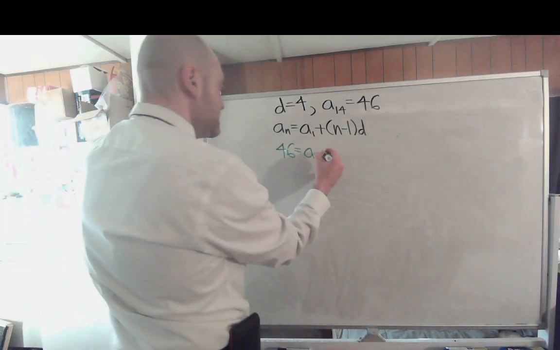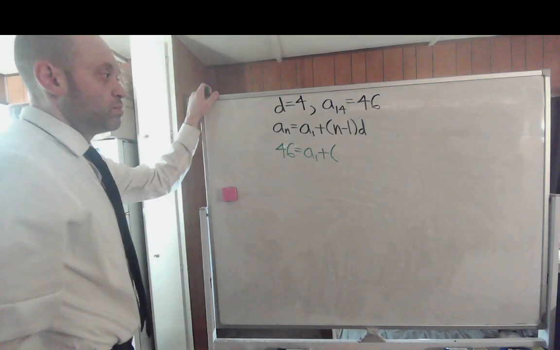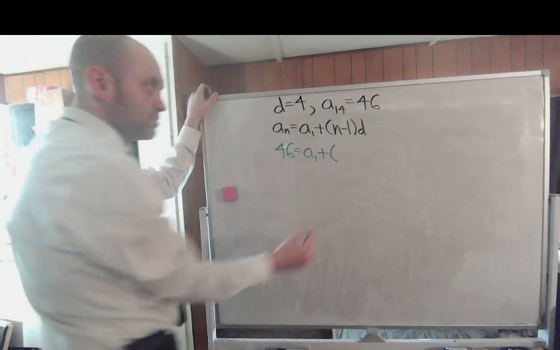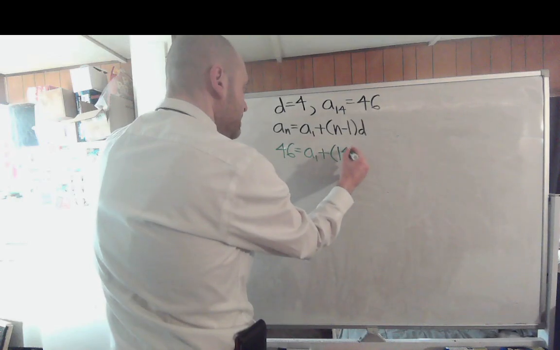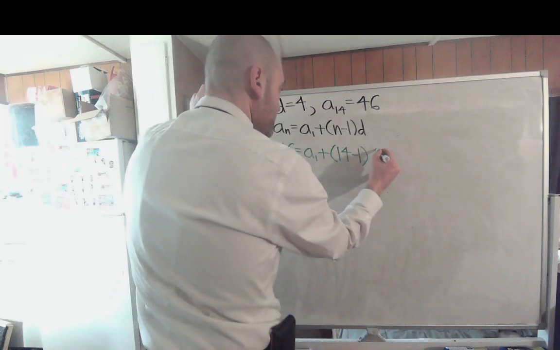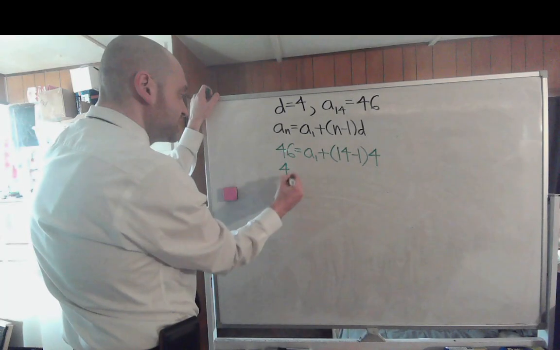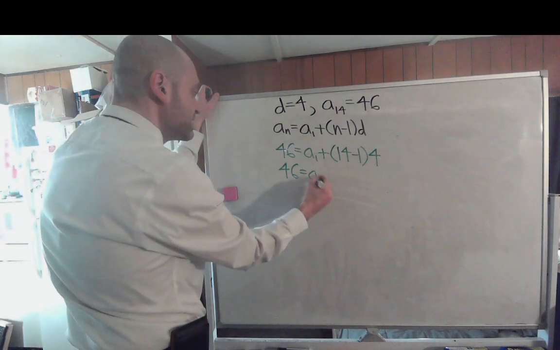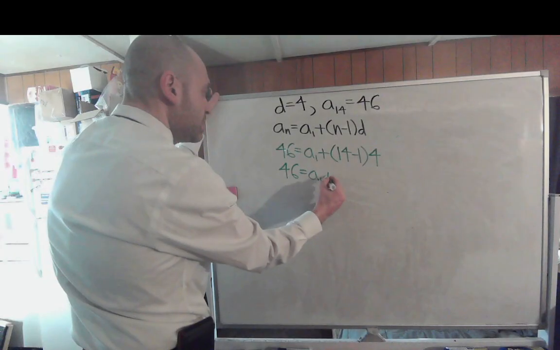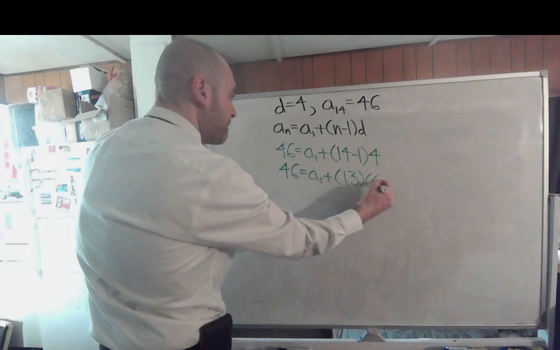So that equals a sub 1 plus the quantity n minus 1. Well, they gave you the 14th term, so 14 would be your n, so n minus 1 is 13, times your common difference of 4. So that means 46 is going to equal a sub 1 plus 13 times 4.